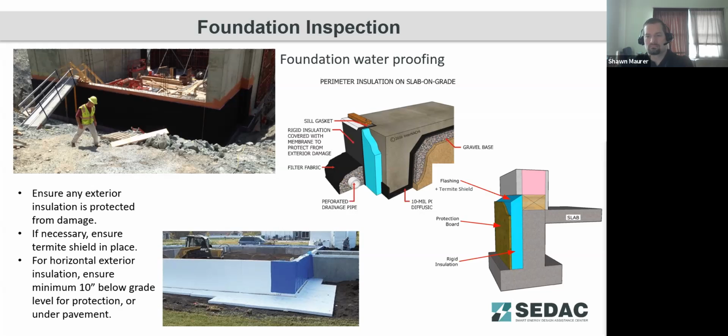One of the things we do run across with those termite shields and exterior protection of insulation is some means of visual inspection to make sure that if termites do get into that foundation insulation, there's a way to catch that and mitigate it before they do damage to the structure of the building.